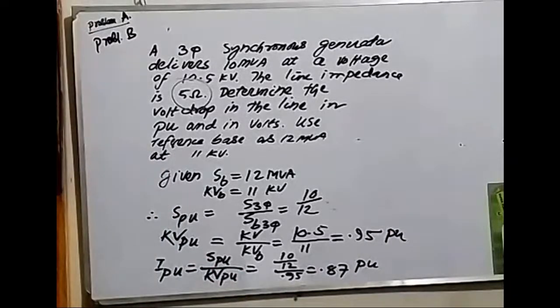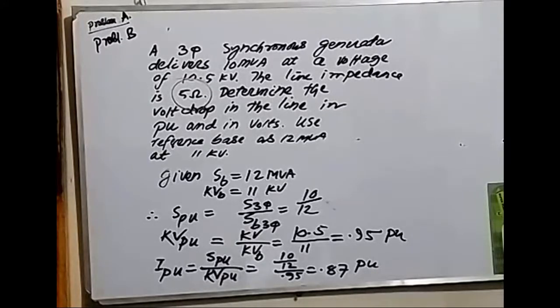You see what we have done. We have given in the problem SB equal to 12 MVA and base voltage equal to 11 kV. You see in the last line of the problem, they told use reference base as 12 MVA at 11 kV.